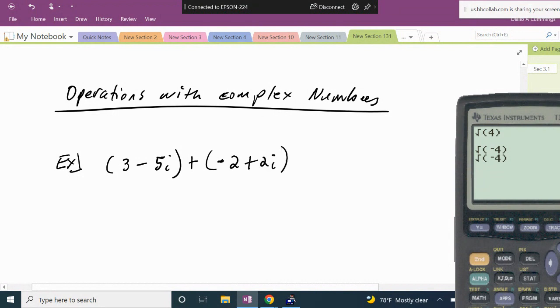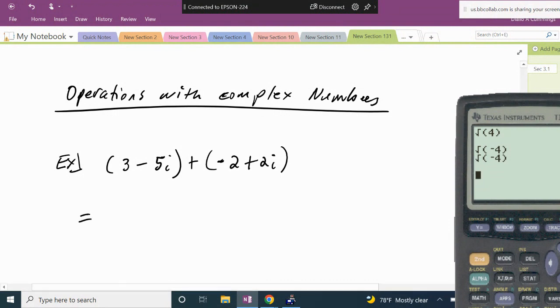We want to take these two numbers that are in complex number form and combine them. Just as in real numbers, you can only add or subtract like terms.